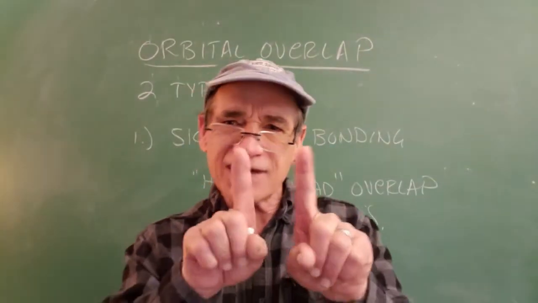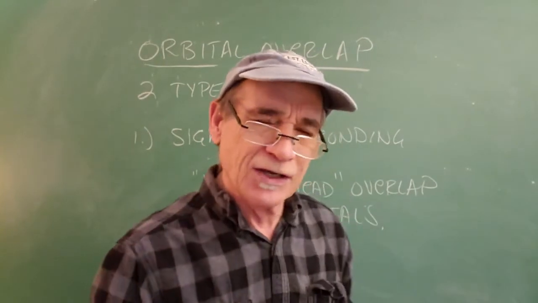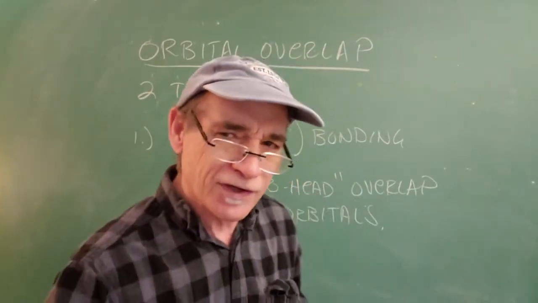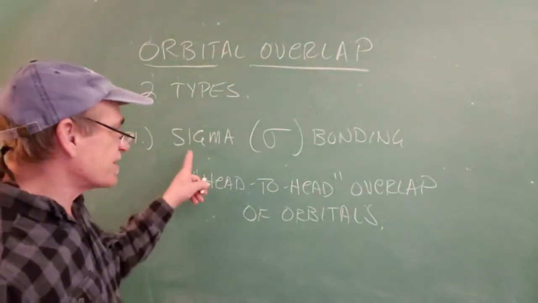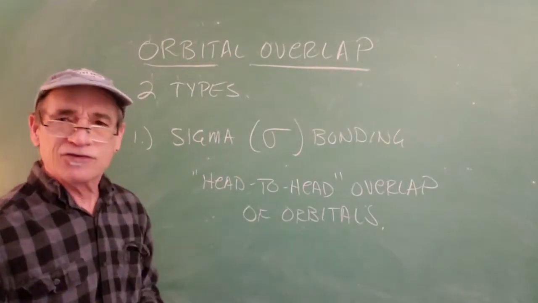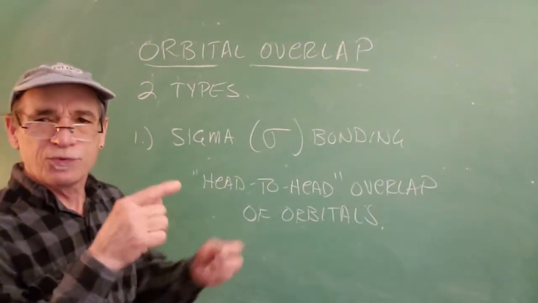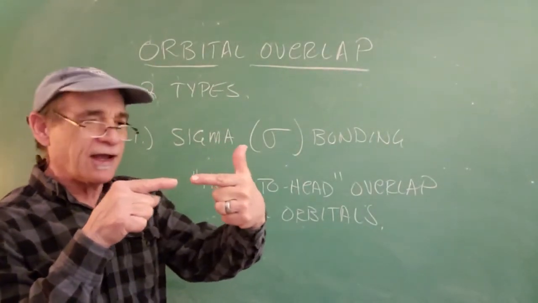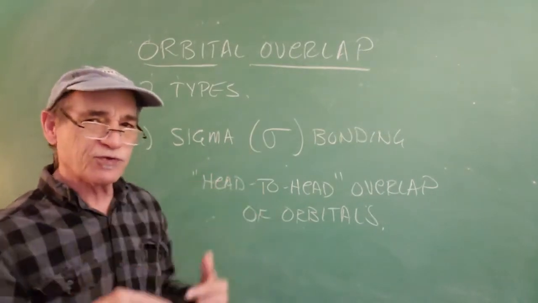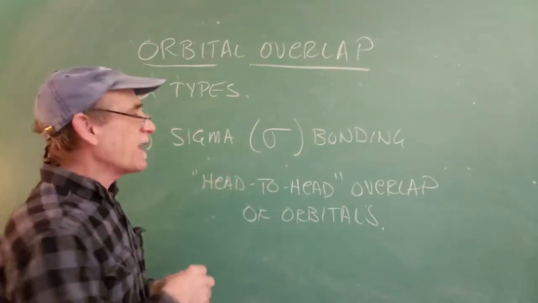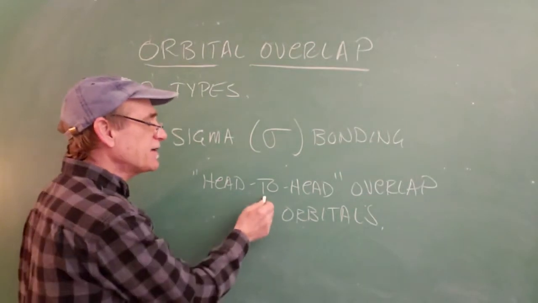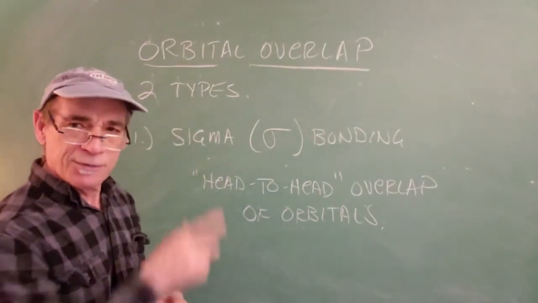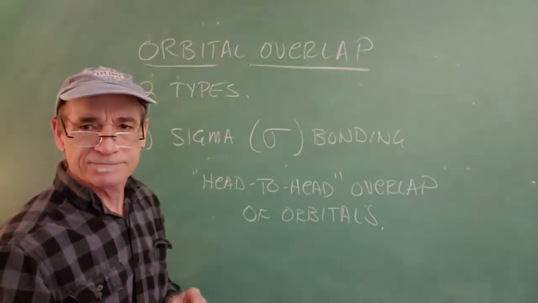And the other is a side-to-side overlap of orbitals. Well, this first type, this head-to-head overlap, is referred to as sigma-type bonding. Essentially, if two p orbitals were to come together and form a common space between the two and overlap, that would be a sigma-type bond, a head-to-head overlap of orbitals. Let me draw a quick picture and show you what I mean.